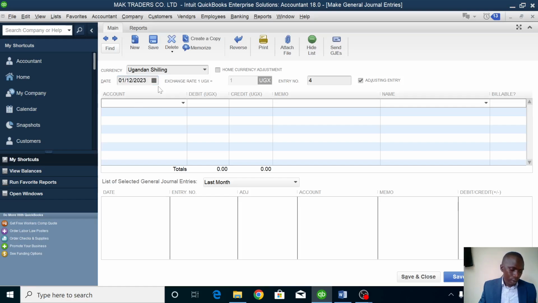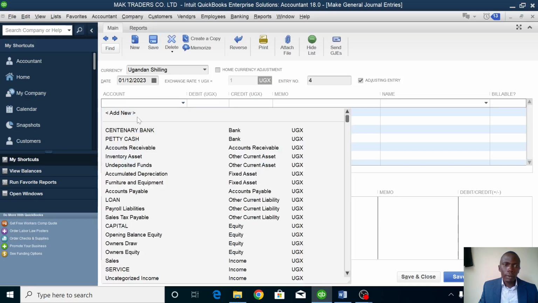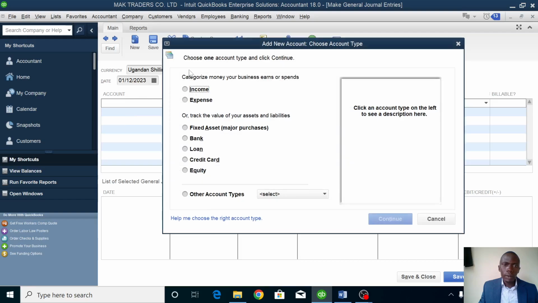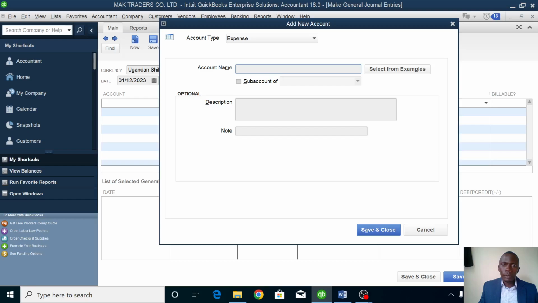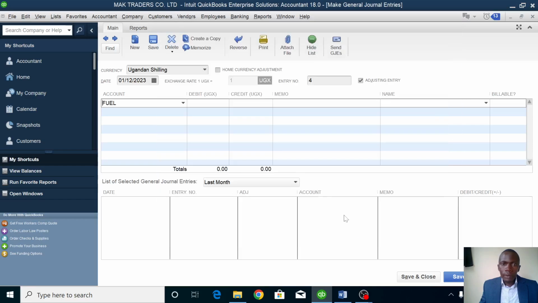So we are going to debit all these expenses, then we shall credit Centenary Bank at once. So we are going to create our expenses by going to add a new. So we are under expenses, say continue. Our first expense is fuel. Say we save and close.